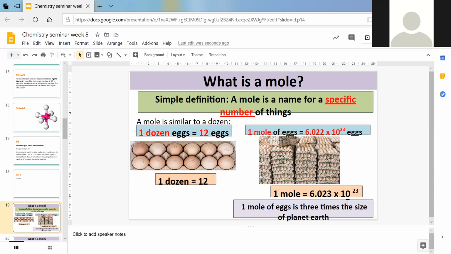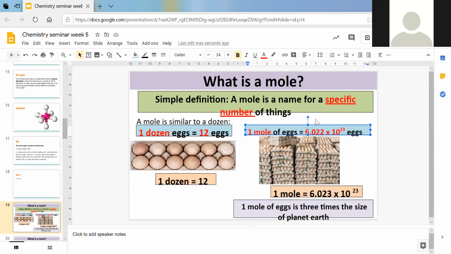And if you think of the smallest thing that you could possibly see, atoms are millions of times smaller than that. So we calculate the number of them not based on what we can see and count, but based on this number, Avogadro's number, Avogadro's constant.